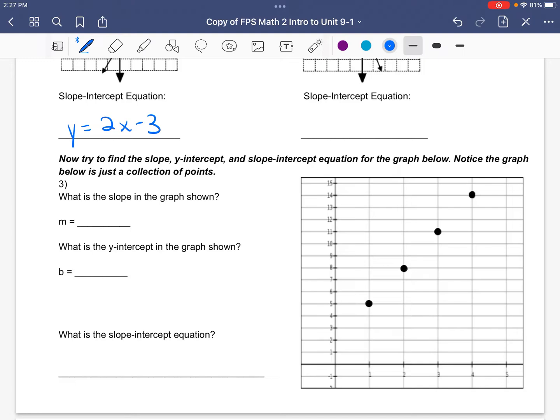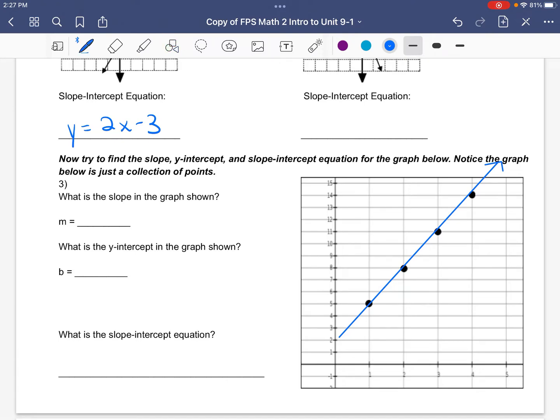So now try to find the slope, y-intercept, and slope-intercept equation for this graph below. Notice the graph below is just a collection of points. So we could connect all these points to form a line. And it looks like I'm getting super close, right? There we go, a little bit better. So what is the slope of these points?